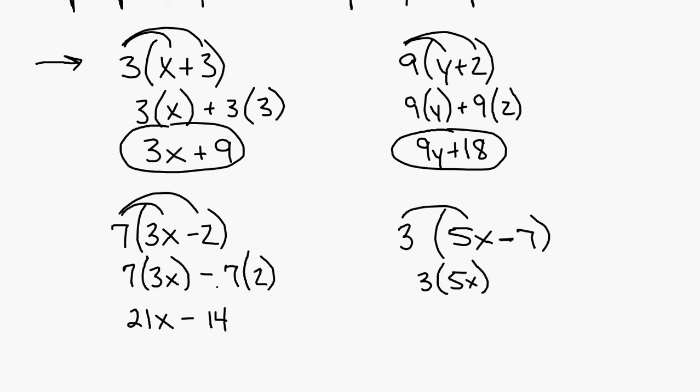Since this sign is minus, bring down a minus. And then it's 3 times the 7. So that would be 15x minus 3 times 7 is 21.